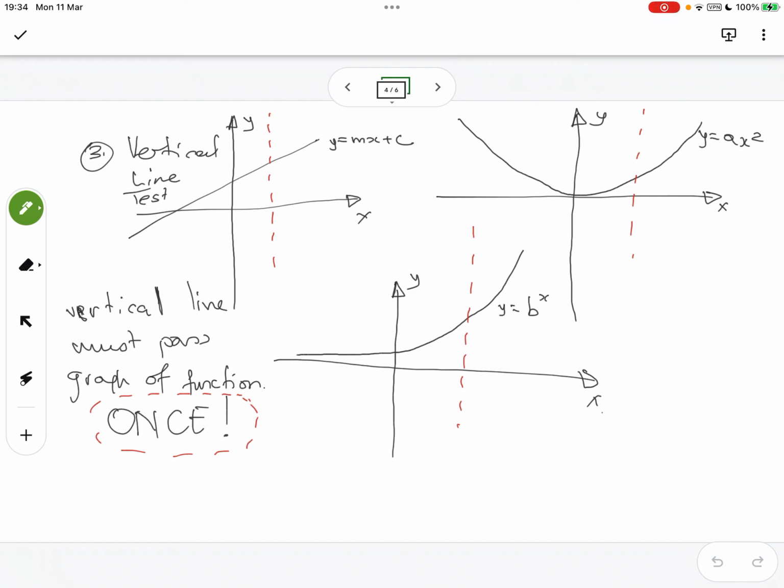Now, on the x and y plane, the x-axis represents the domain. So it's the set of x values that make the function, the rule, valid. And we're just going to look at that from the perspective of the x values that are in the domain.